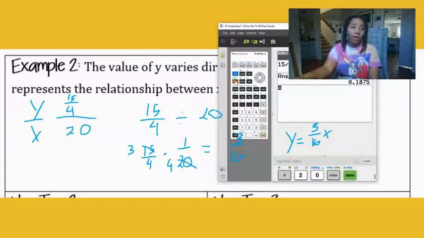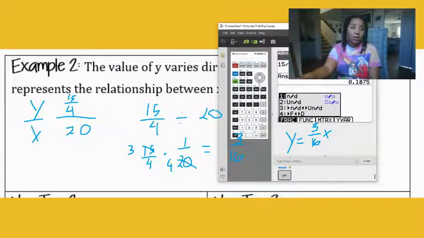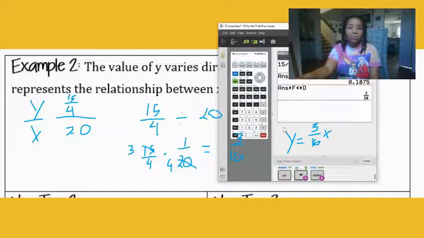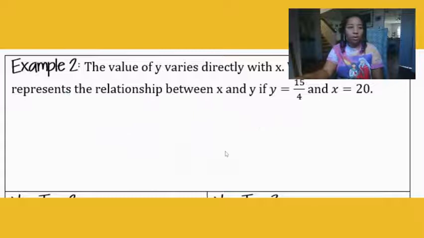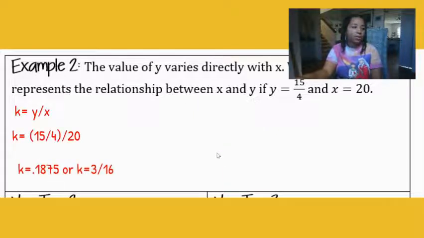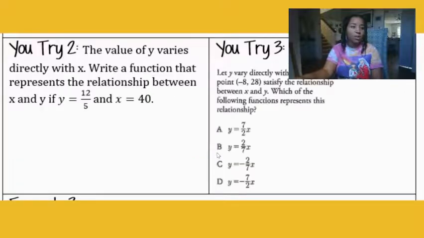So I'm going to do alpha y equals, go down to 4, press enter again, and I get 3/16. Imagine that. So, you could definitely use the calculator to get the same thing. No one's going to know the difference. Okay? Just as long as you know how to solve the question. That's the most important part.